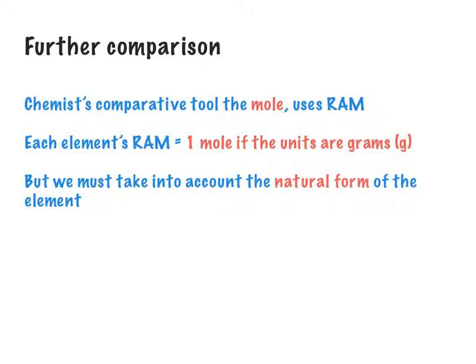But we must consider the natural form. You must find out whether it's monatomic, diatomic, or how it forms together. This is a bit of a problem if you struggle with formulas, but you must push through with it. Don't forget that certain things exist as diatomics, and we must take that into consideration when we're working out what 1 mole is.